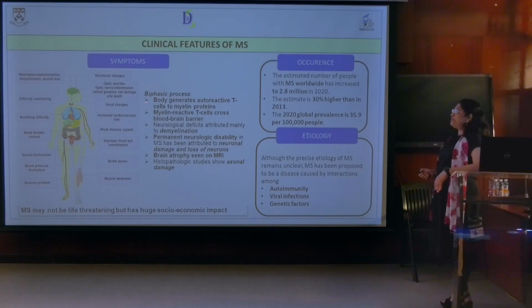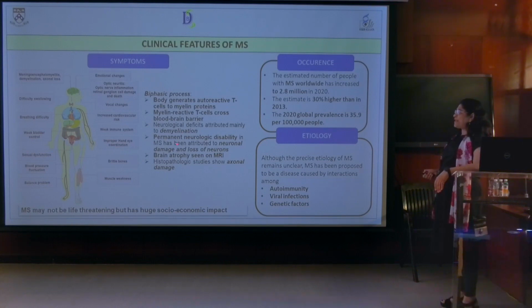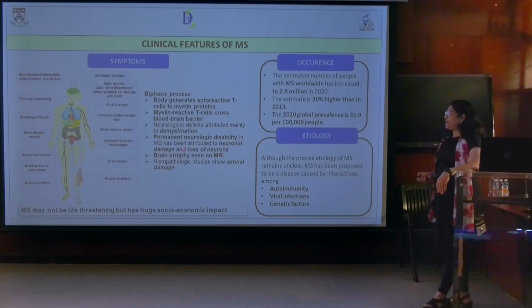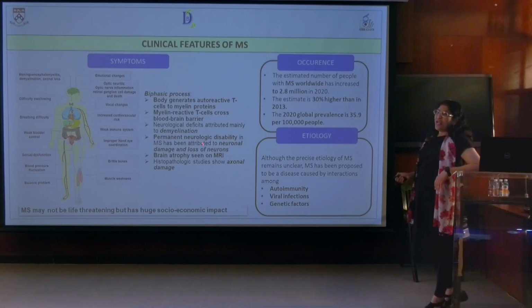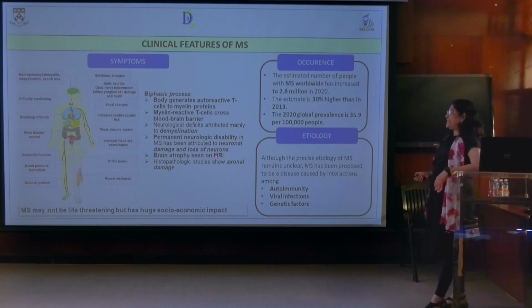Why? Because people believe the body generates autoreactive T cells to myelin protein. Myelin-reactive T cells cross the blood-brain barrier, and neurological deficits are attributed mainly to demyelination. The permanent neurological disability in MS has been attributed to neuronal damage and loss of neurons, and brain atrophy is also seen in MRI.